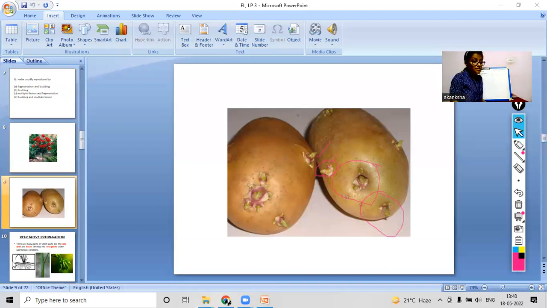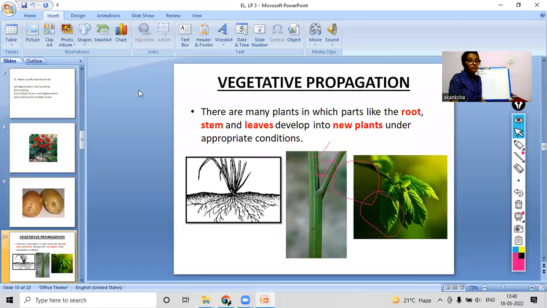In many plants, parts like roots, stems, and leaves develop into new plants under appropriate conditions, right? Sometimes roots may grow into a whole different plant, as in the case of potato, because potato is a root.